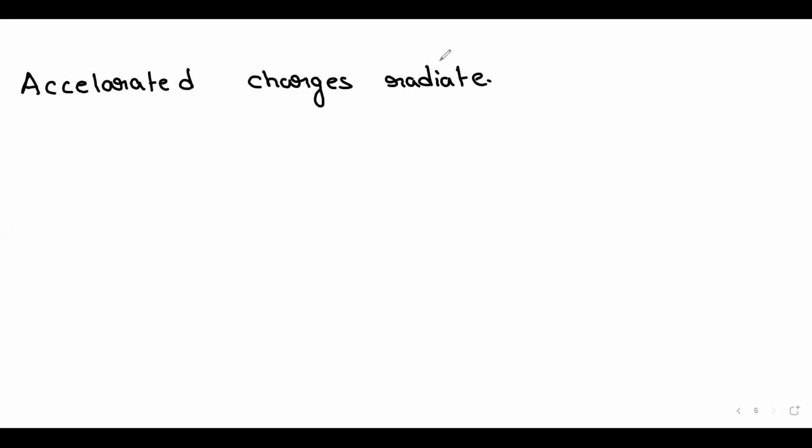The important result of Maxwell's theory is that accelerating charges radiate electromagnetic waves. This is an important result of Maxwell's theory.